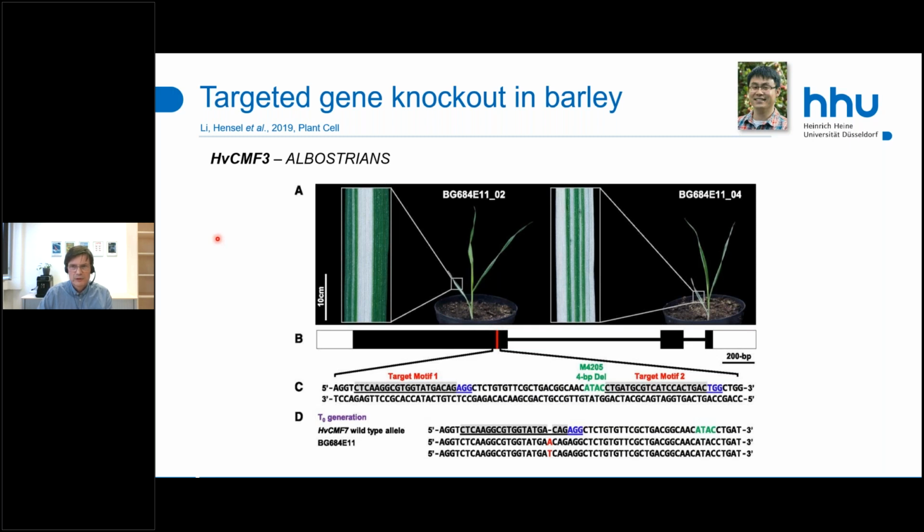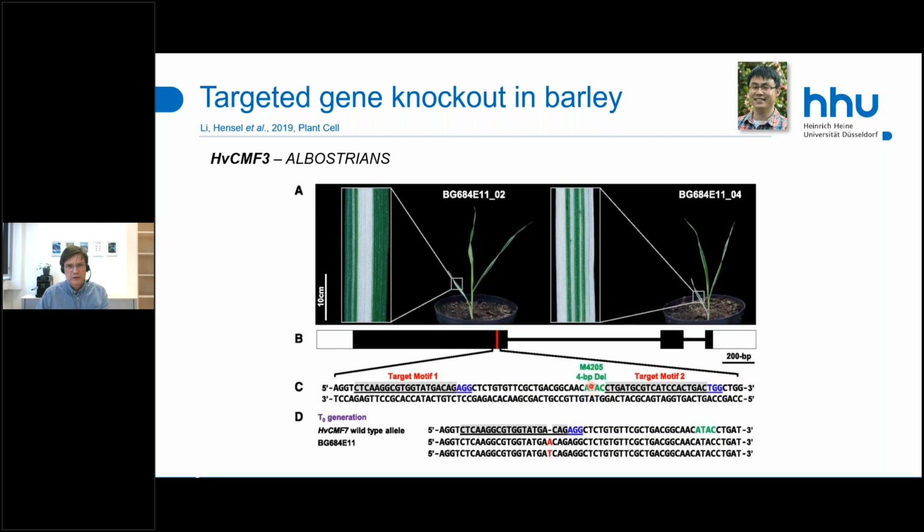So it has been described already in the 1950s, but until a few years ago, the responsible gene was not known. And it was famous because it gives this variegated striped leaf phenotype. And the group of Niels Stein identified this gene via tilling. And so the tilling mutant contains a 4 base pair deletion here in this position.